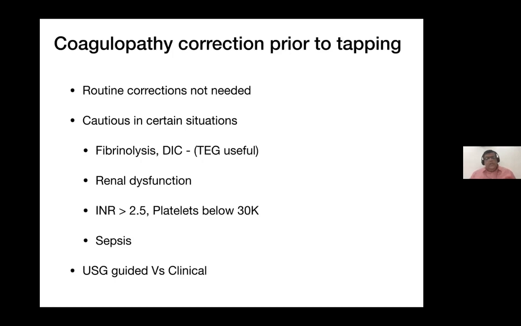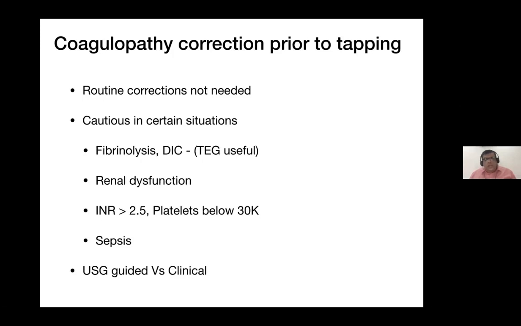Very often people ask me, USG guided tapping or just percussion based tapping, which is better? As long as you understand the anatomy of the inferior epigastric artery, I think there is not much of a difference between a blind tap versus USG guided tap. Our experience is that most of the times, even the small collaterals are missed on ultrasound.